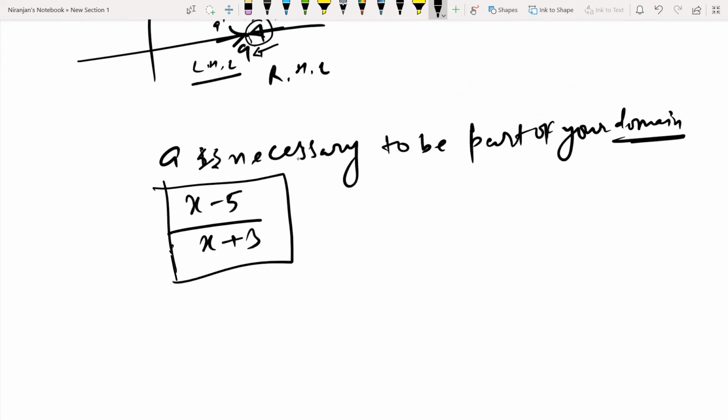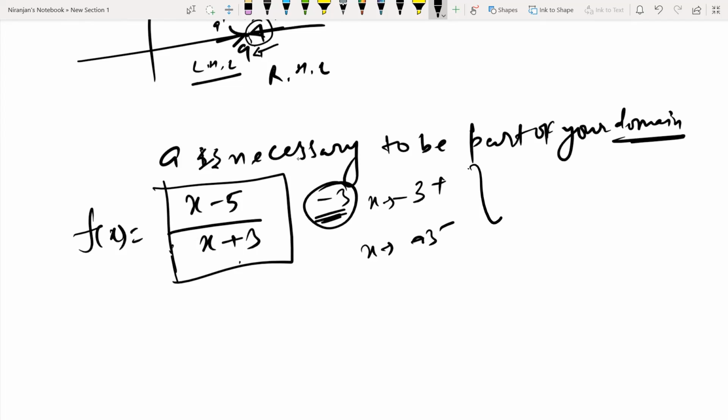You remember that? We did it in today's lecture. We knew that minus 3 is not in the domain, but we also calculated the limit at minus 3 plus and the limit at minus 3 minus. So it is not necessary that the point is going to be in your domain for you to calculate the limit. That is the first point.